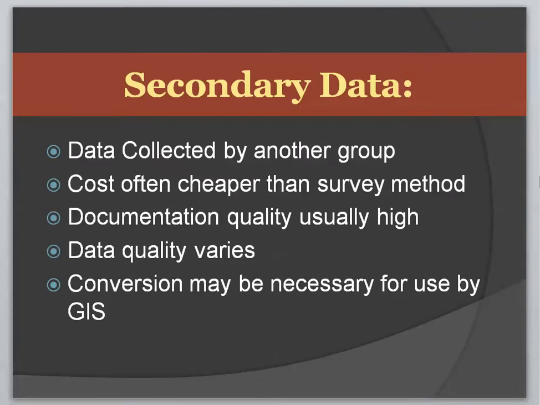Now, in general, we call this data secondary data, collected by another group. Since you're not the one who's running around conducting a survey, taking readings, whatever, it's often cheaper than if you had to go out and actually do it yourself. Okay, that's common sense. Now, documentation quality is usually high.